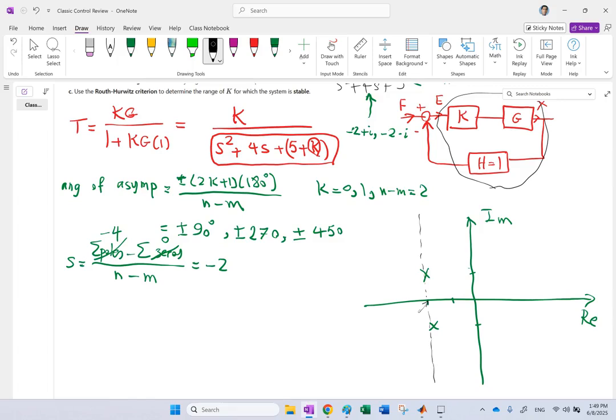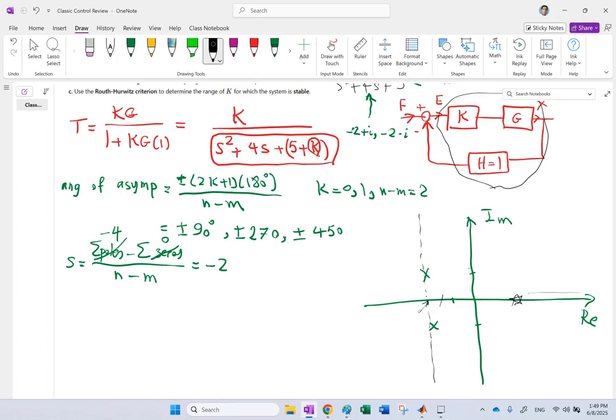The parts of the Routh-Locus on the real axis are any place where the number of poles and zeros of the open loop to the right side of it is an odd number. So if I put my test point here, how many poles and zeros of the open loop are to the right side of it? Nothing. And nothing, or zero, is an even number. So this part cannot qualify.